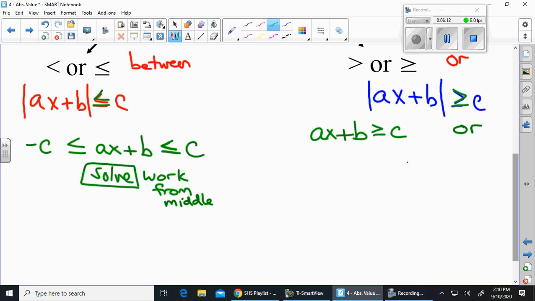Or ax plus b, switch the inequality sign, greater than becomes a less than, switch c to negative c. And remember, with that, you solve each one separately. So your answer is going to be a compound inequality.